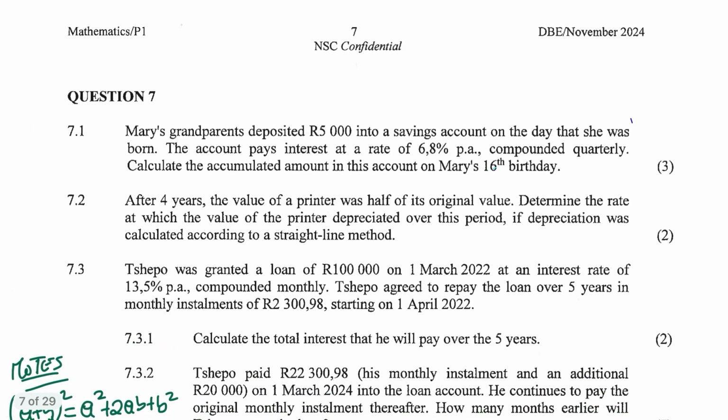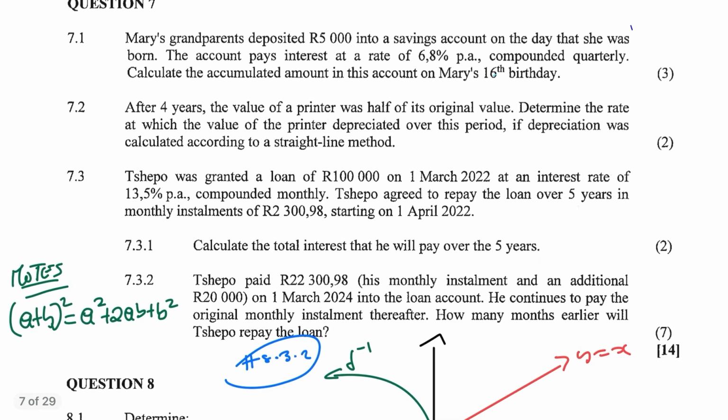The next video is question 7, and we're already done with questions 9, 10, 11, and 12, so check those videos out. For question 7, we're talking about finance. Most students try to avoid this 14 marks, and it is an easy 14 marks.